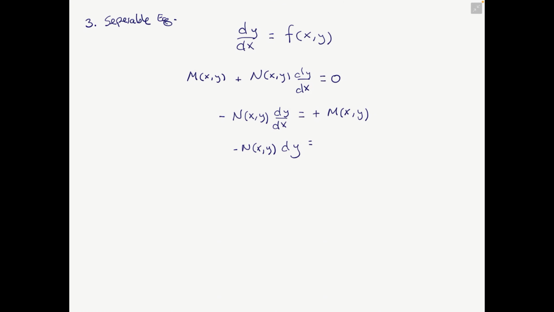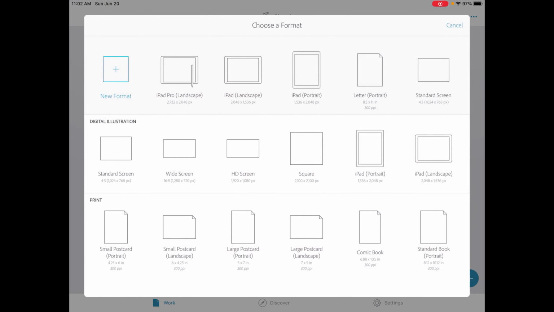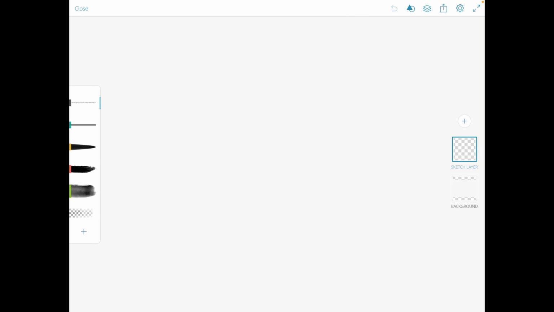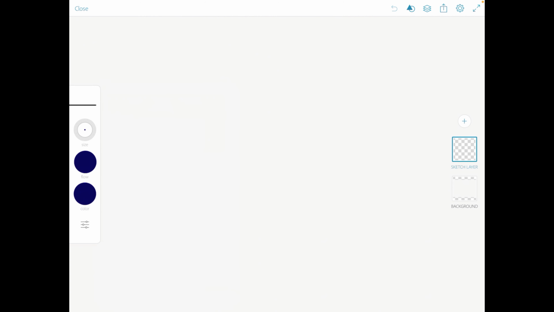It could be the other way around. It doesn't really matter. And when I say the other way around, this could be positive and that could be negative. And in this case, we then have minus n of x and y dy is equal to m of x and y.